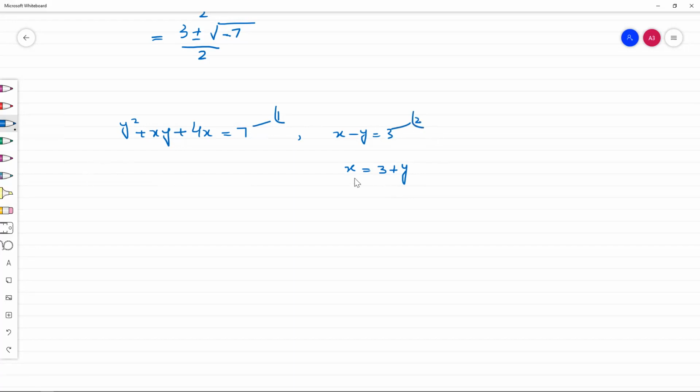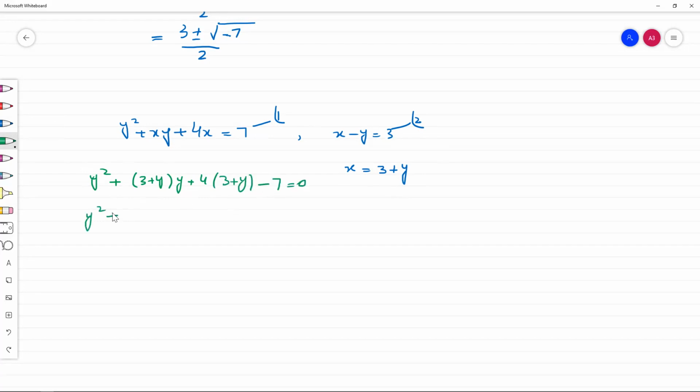When I put the value of x into this equation, this becomes y square plus (3 plus y) into y plus 4 into (3 plus y), and then shift 7 to this side, equal to 0.